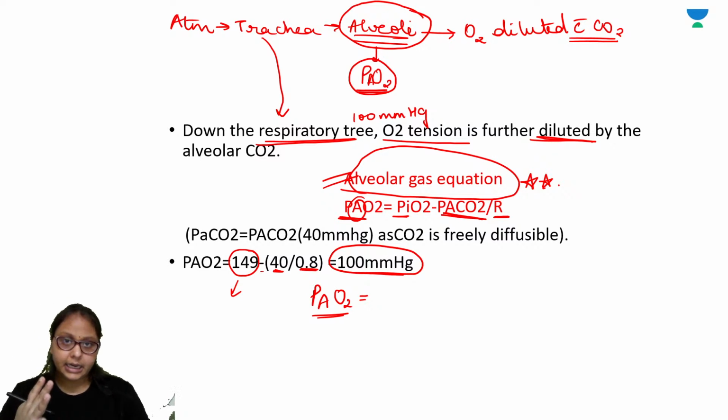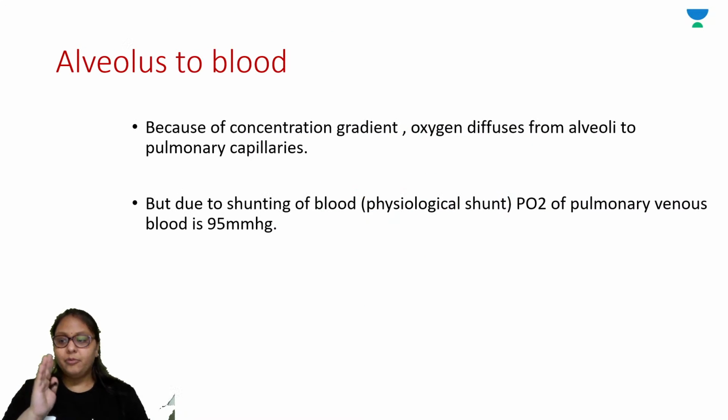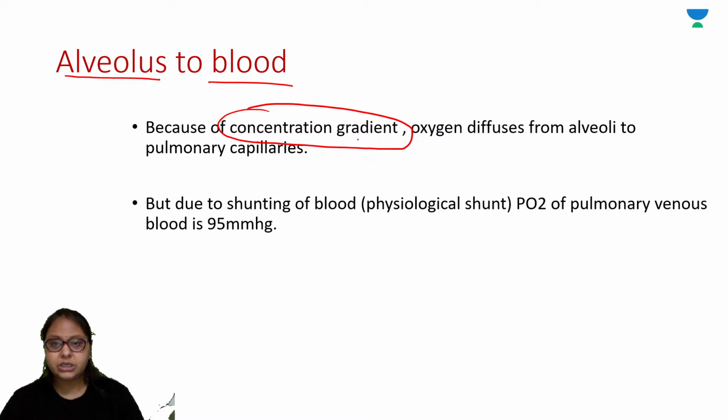The concentration of oxygen in the alveoli is higher in the inspired air. So because it is higher, it will flow towards the blood. So transport of oxygen from the alveolus to the blood is because of the concentration gradient.